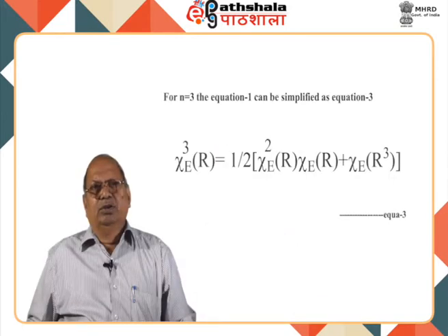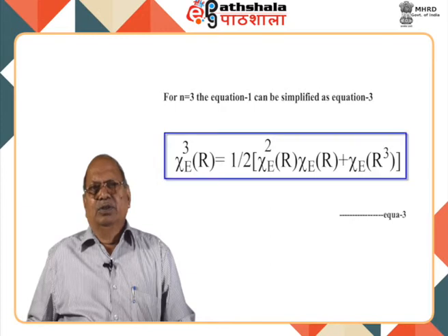For n equal to 3, the equation can be simplified as given in equation 3: chi E R, 3 times, is equal to 1 by 2 of chi E square R into chi E of R, plus chi E R operation carried out 3 times.